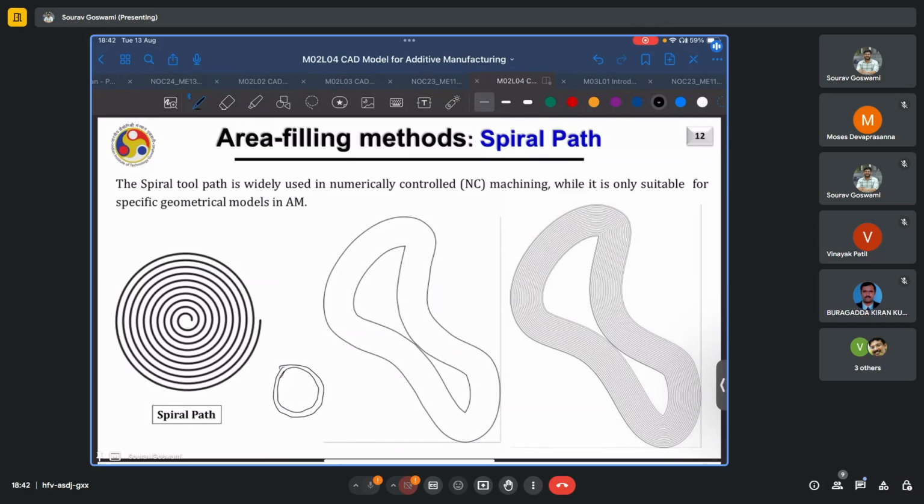And then depending on your slicing software and your toolpath planner, either you start at the center and then deposit radially outwards, or you start at the outer edge and move inwards. Of course, that will lead to more heat accumulation. The spiral path is very rarely encountered in actual practical applications.